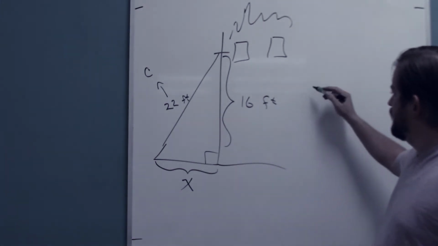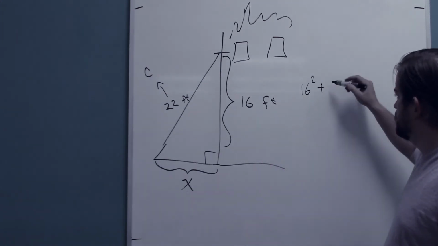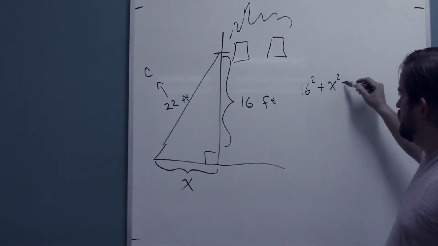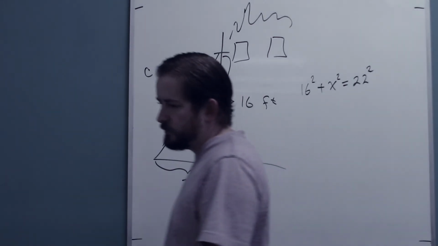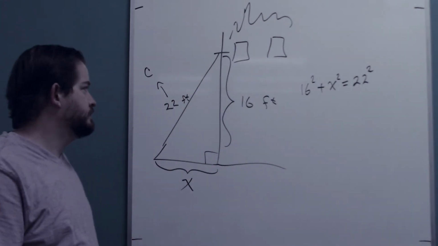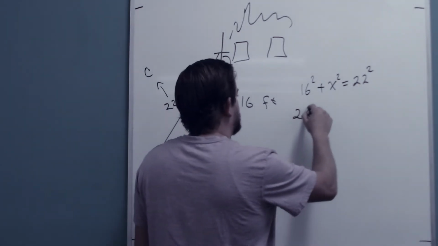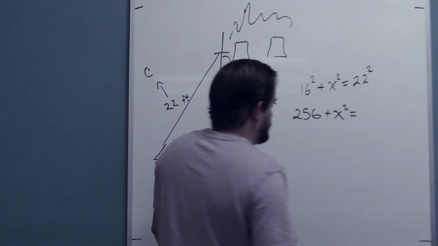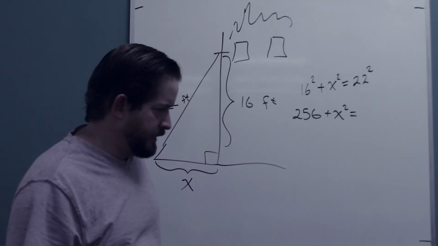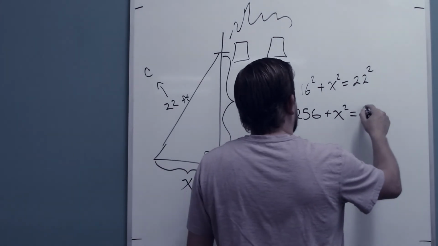But this tells me then that I have 16 squared plus this unknown x squared equals 22 squared, right? Well, 16 squared is 256. 22 squared is something. 484.